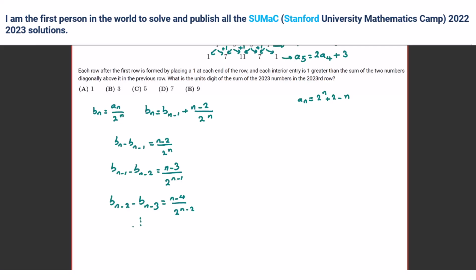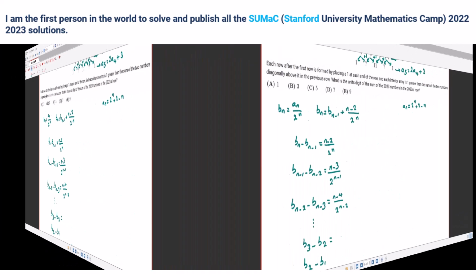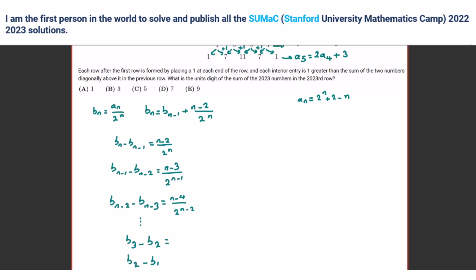So what are the last two equations? B2 minus B1 equals 2. Yes, or we can say B3 minus B2, then B2 minus B1. What's B3 minus B2? 2 minus n over 2 to the power of 3. B3 minus B2 is what over what? 2 minus n. We don't have any n here.